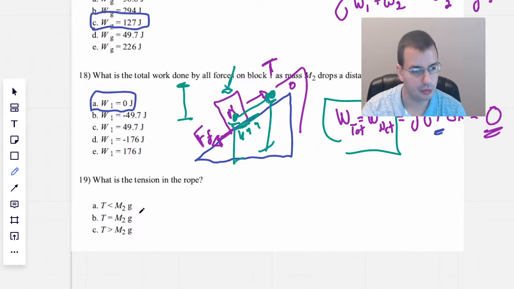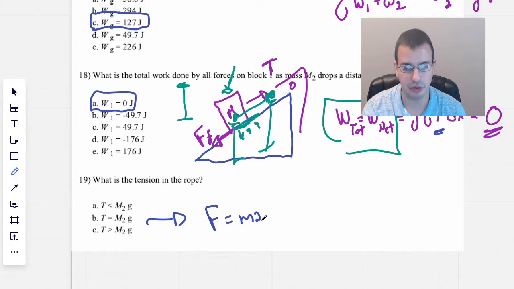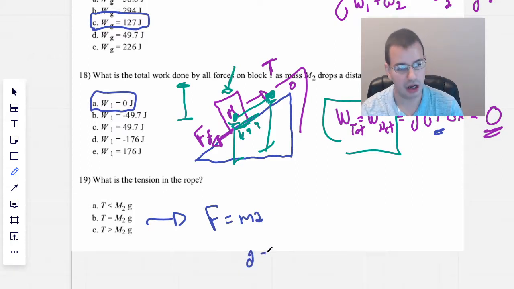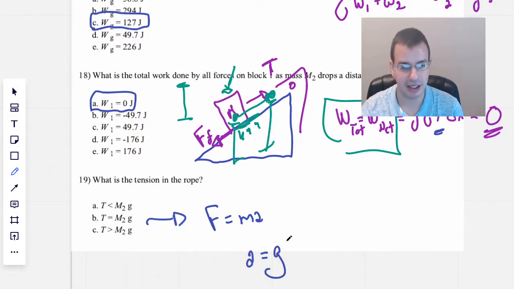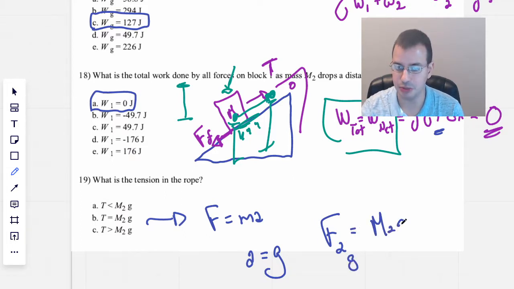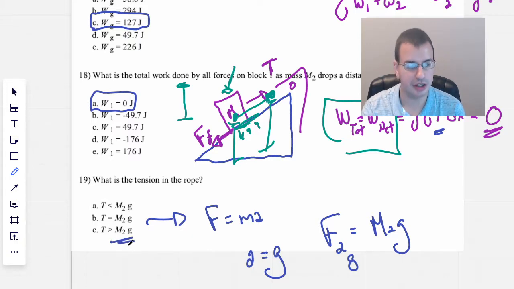When we think of tension, we think of a force, which is mass times acceleration. And acceleration in this case is going to be gravity. So the force on block 2 due to gravity will be m2 times g. So this right here is gravity.